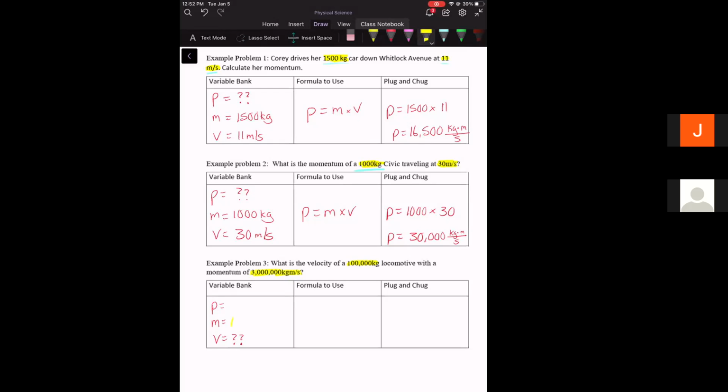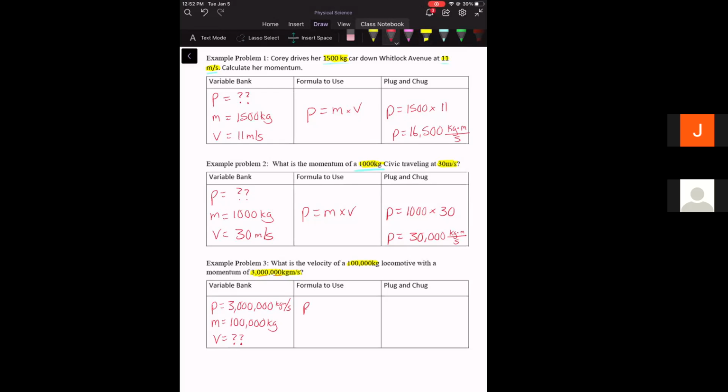All right, 100,000. Oof, that's a big number. And that must mean that P is this 3 million. 1, how many zeros? 1, 2, 3, 4, 5, 6. kg m/s. Okay.